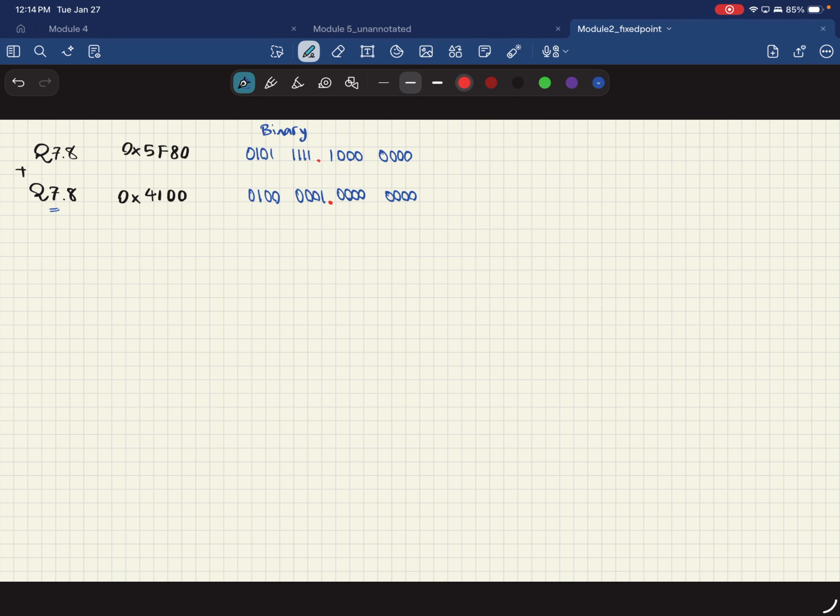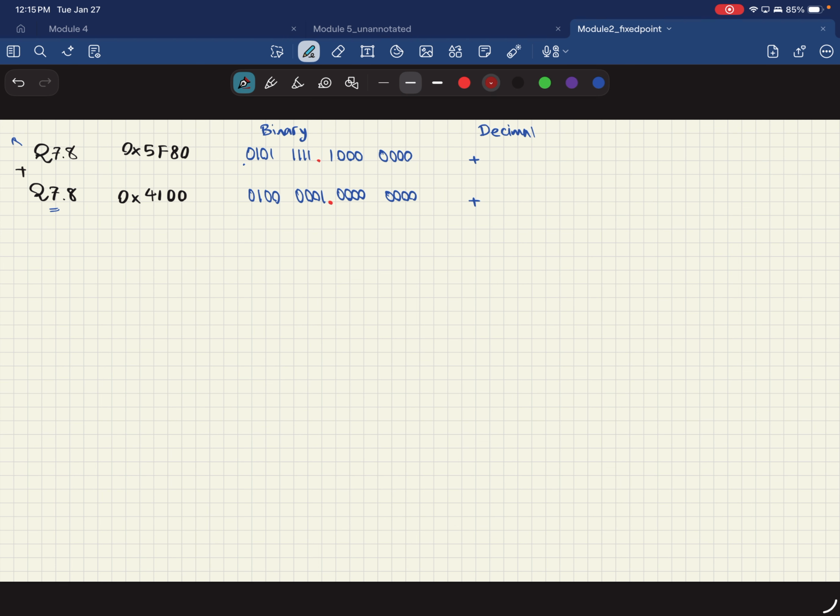Now let's go to the decimal one. In decimal, this is our first bit, it's 0, and since this is a signed number, is it a positive or a negative value? Positive, thank you. Both of them are positive. Now let's look at their integer parts.